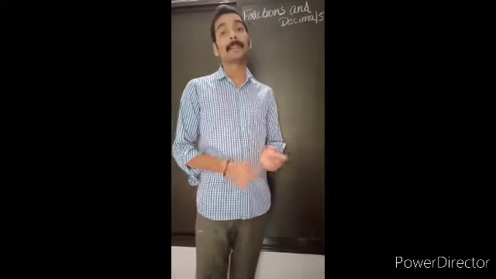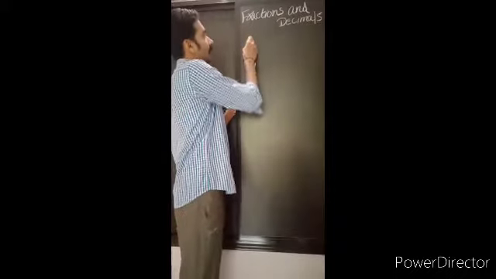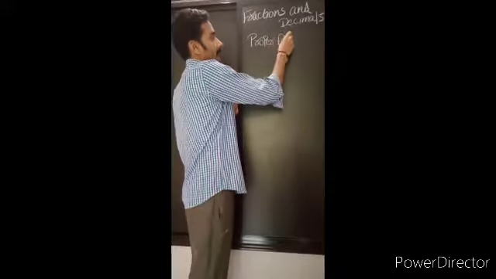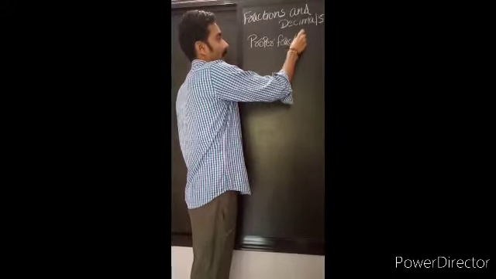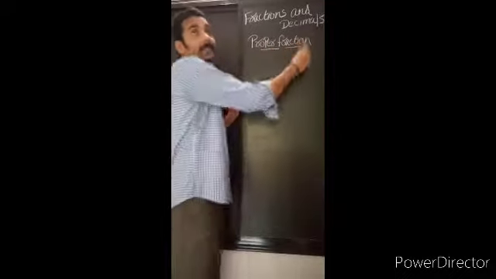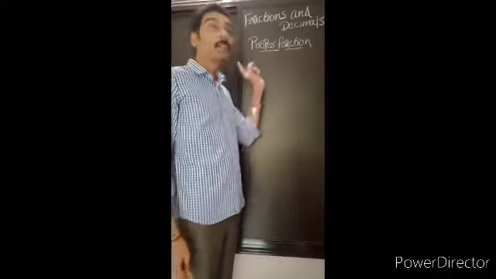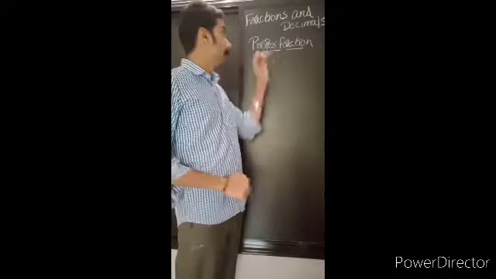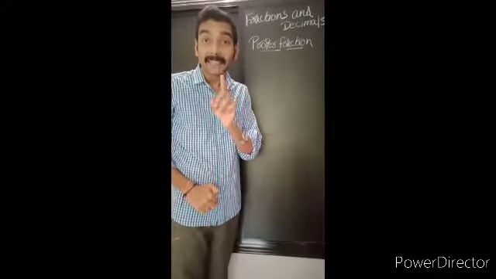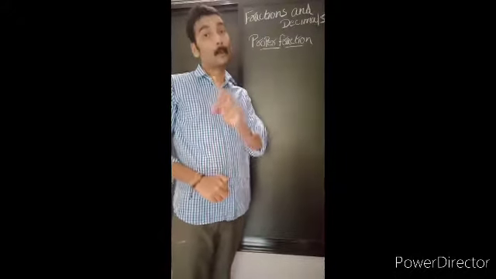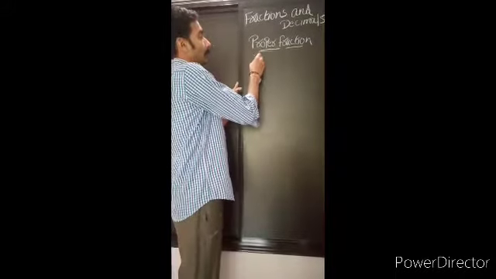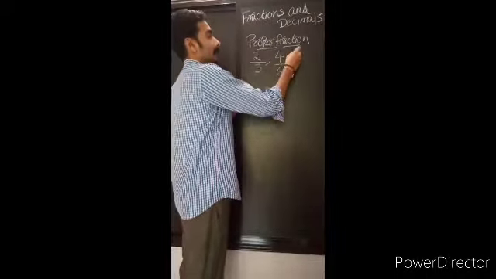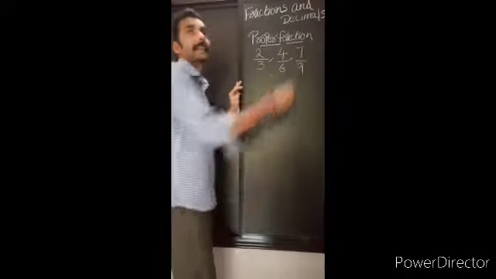What is a proper fraction? The first one is proper fraction. Proper fraction means the denominator is greater than the numerator. Examples are 2 by 3, 4 by 6, 7 by 9.